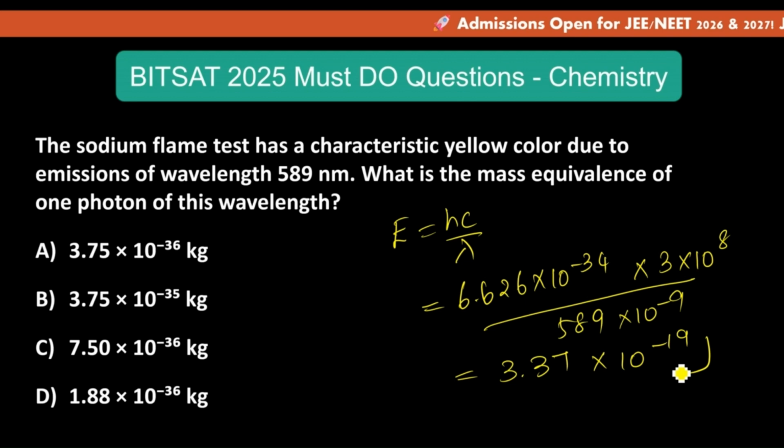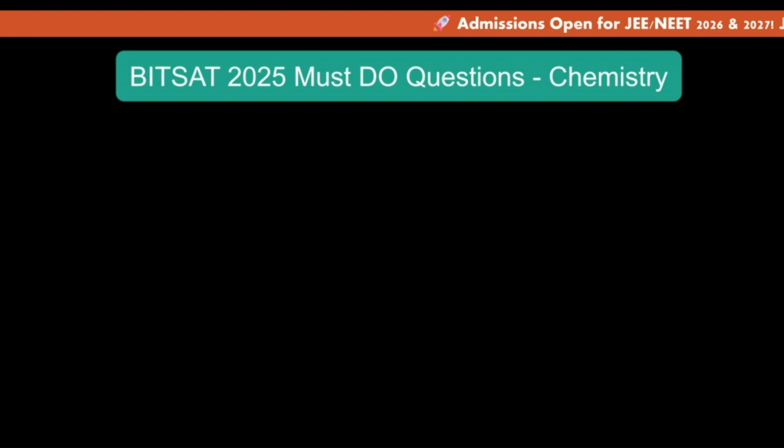So what is the mass equivalence of one photon? For finding out the mass, we know the formula E is equal to mc square, right? We already got the E value, so m is equal to E by c square.